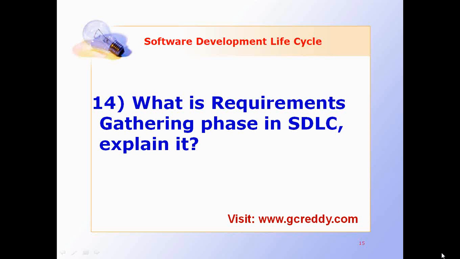Requirements gathering is an initial stage in software development life cycle. In this stage, business analyst category people gather requirements from the customer and document them in a document called BRS, Business Requirement Specification.